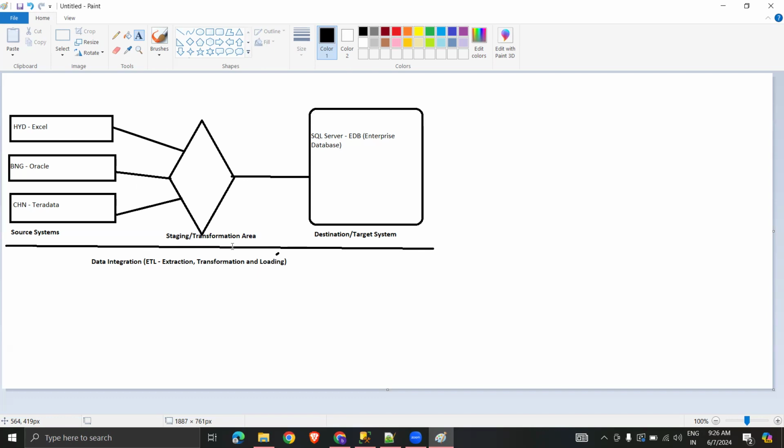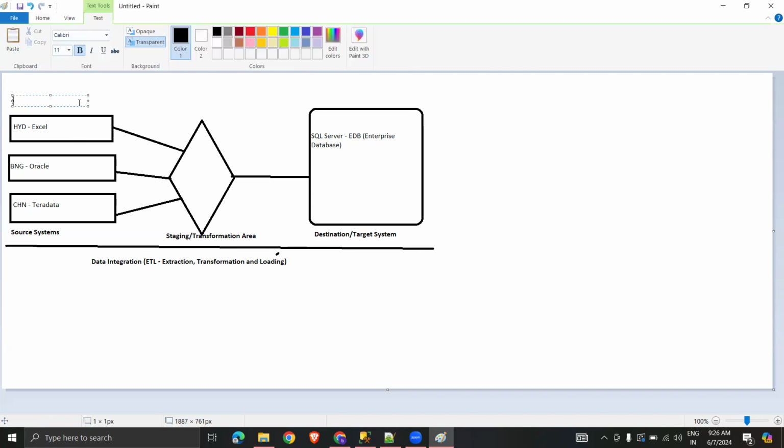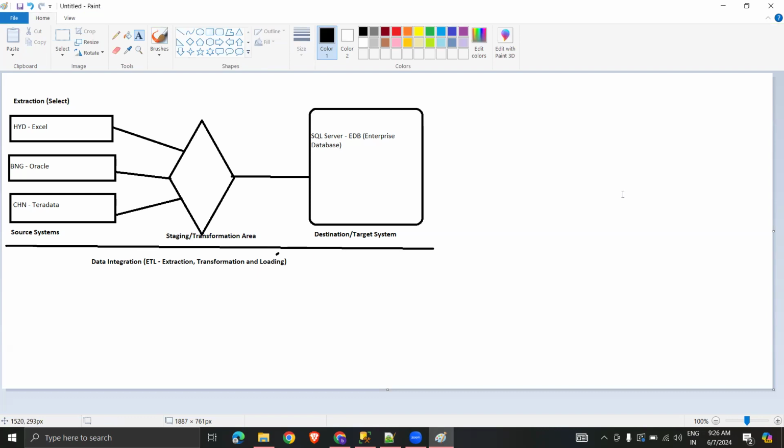So instead of reading, selecting, getting, I want to use a proper technical term called extraction. The equivalent terminology is select. E stands for extraction: extracting the data from multiple and different sources.